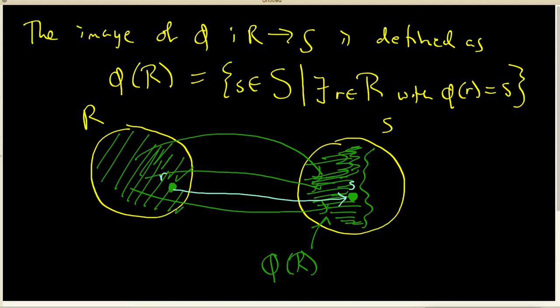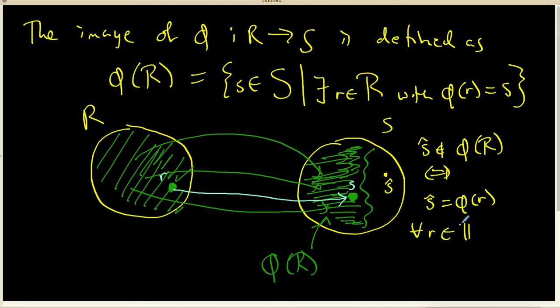But it's also equally important to realize that there may be elements such as this s hat that are not inside the image. S hat not inside the image of phi means that s hat is not equal to phi of r for every single r inside the original ring R.